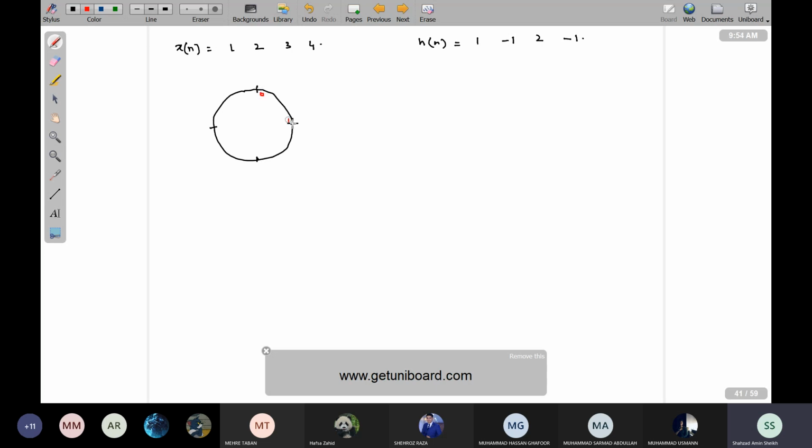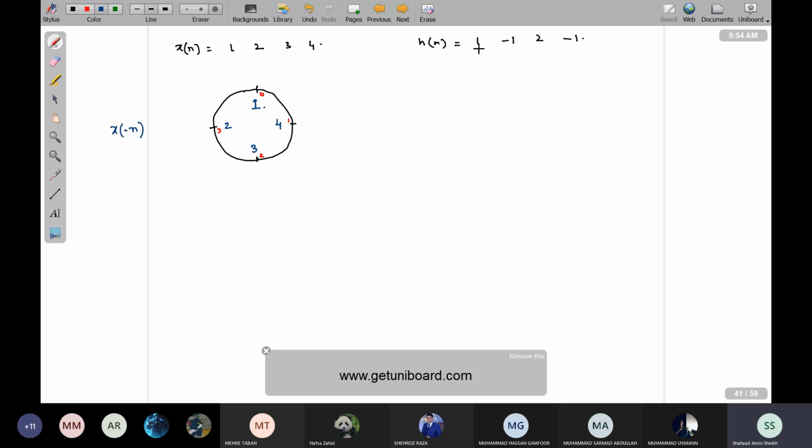This is my index 0, 1, 2 and 3, and I flip this x of n because I have to flip one signal and then drag the other one. So I take this signal, x of n is 1, this my x flipped version of x of minus n हो रहा है 1, 2, 3 and 4.